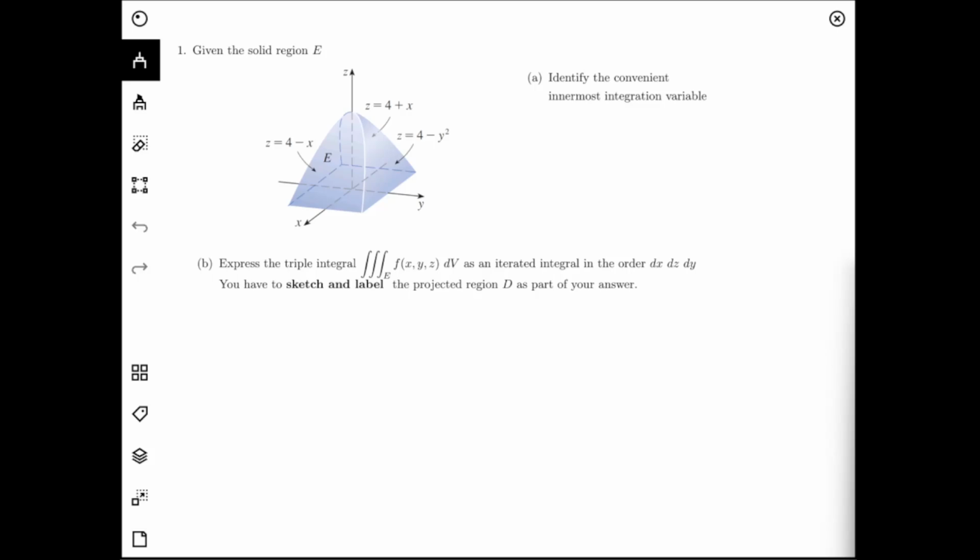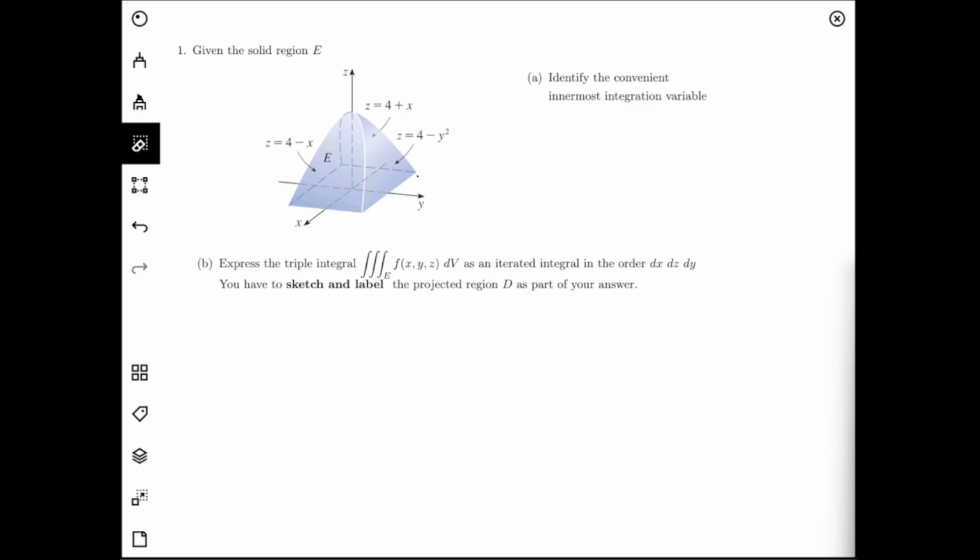If we went in the z direction, obviously that's not going to work, because we go out from here and run into one surface, we go up over here and run into another surface, and we go over here and run into the surface back here. So we have three different equations that we could possibly run into if we do it that way.